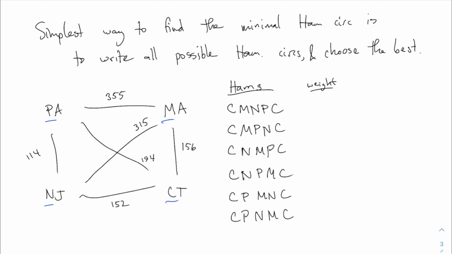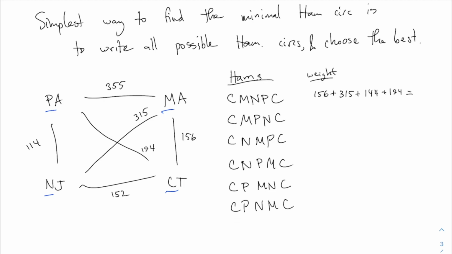Then I did M to N. On the picture, that's 315. Then I did N to P, which is 114. And then finally, I did P to C, which is 194. You look at each of these pairs of vertices, you find them on the picture and add up those weights. And this number you add up, like I said, I did this on my calculator and I got 779.